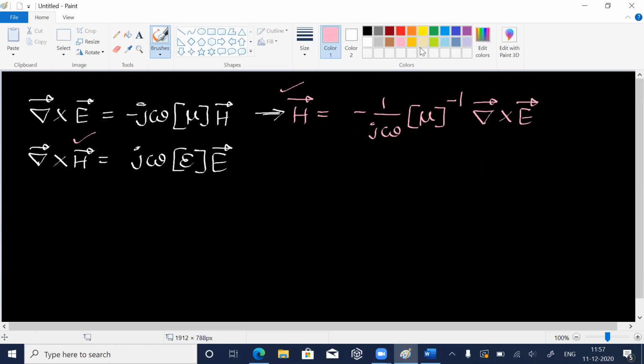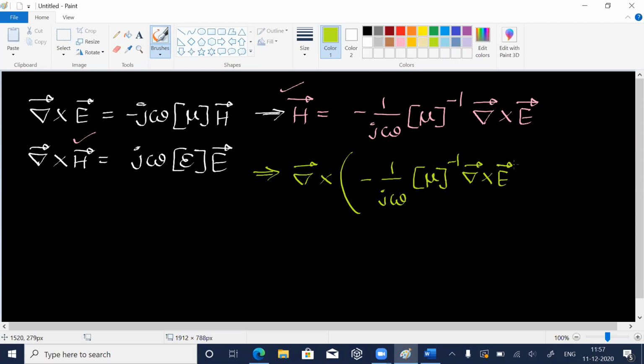From this, what I can find is curl of minus 1 by j omega, mu inverse, curl of E is equal to j omega epsilon E. See, I'm making my things complex going all the way.